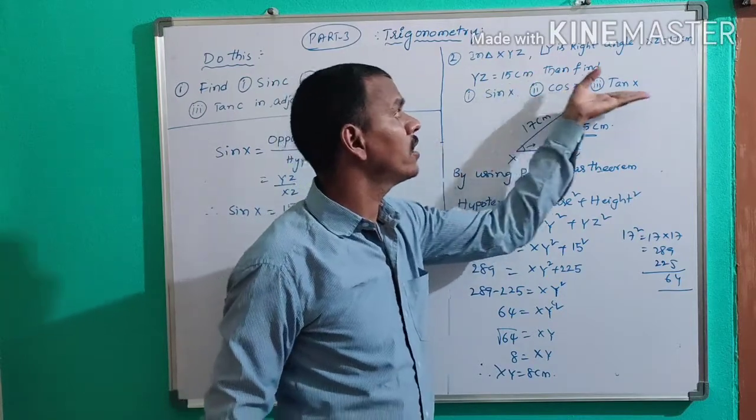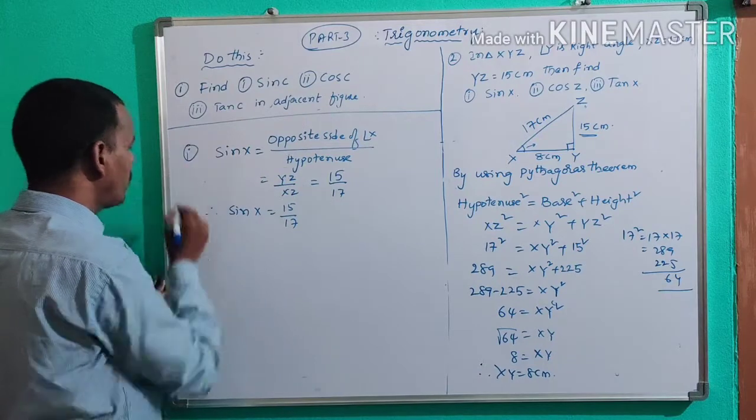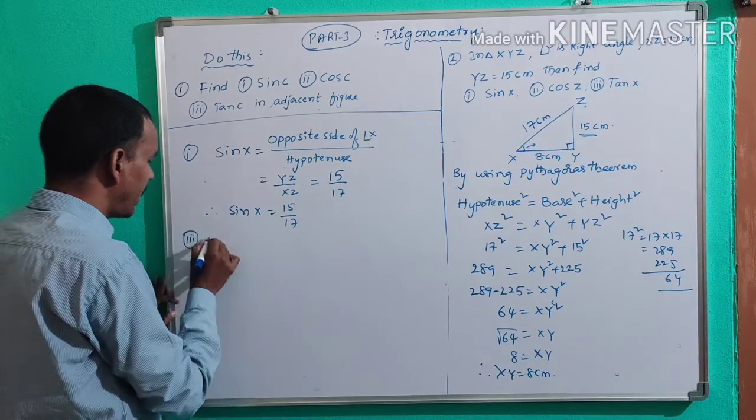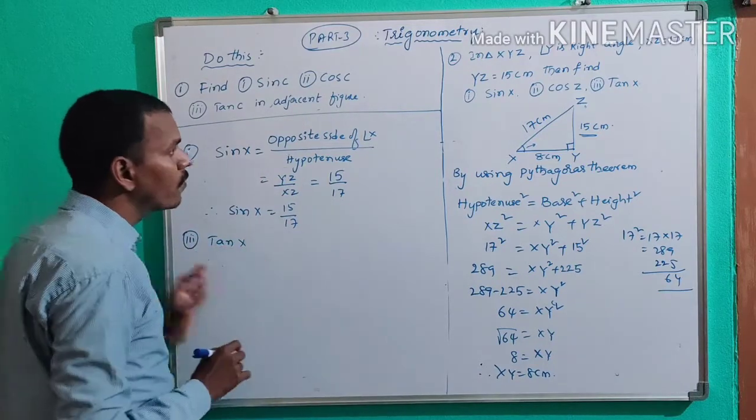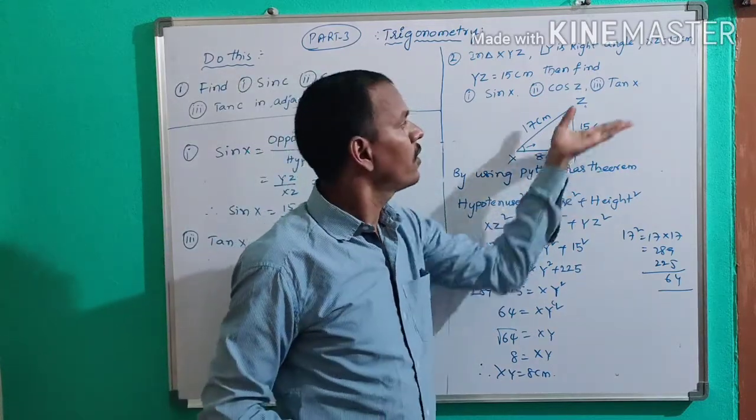But before that, we can solve tan X. This is the first one, and the third one is tan X. Why are we taking tan X before? Because we have already solved using angle X, so we can go to tan X again.